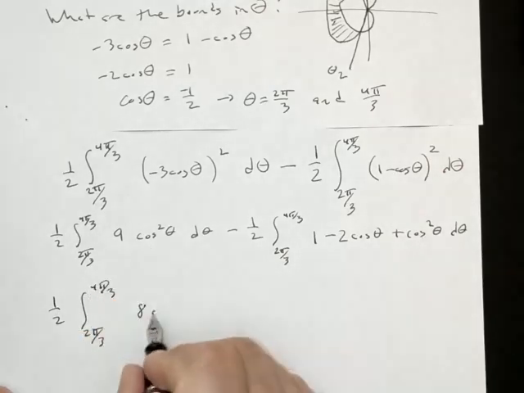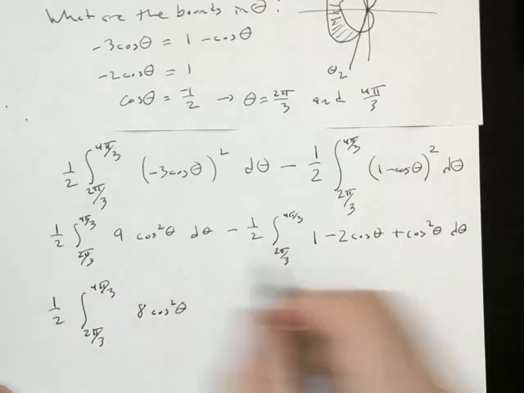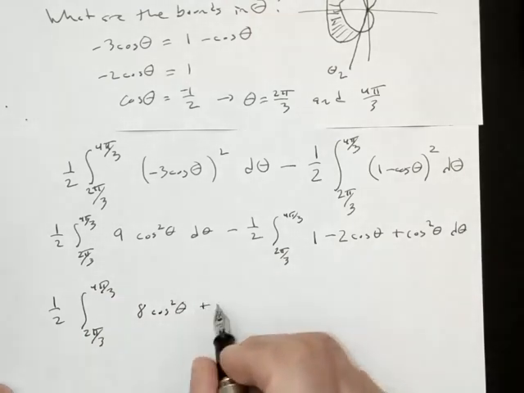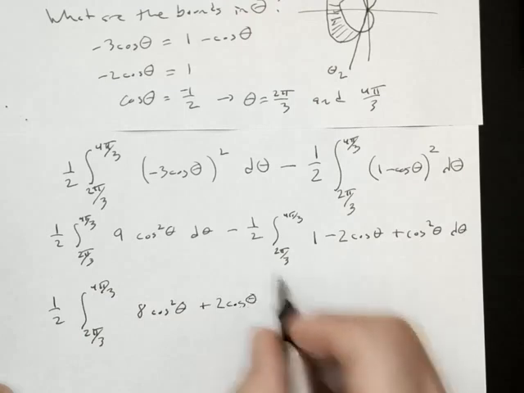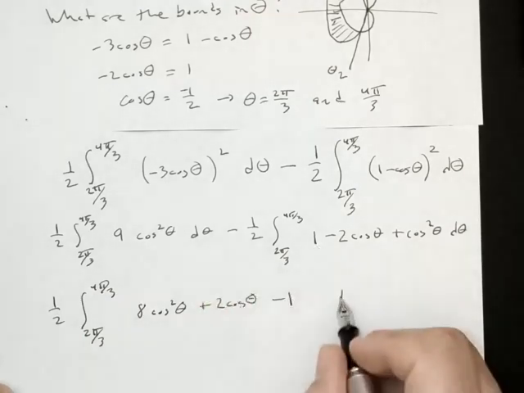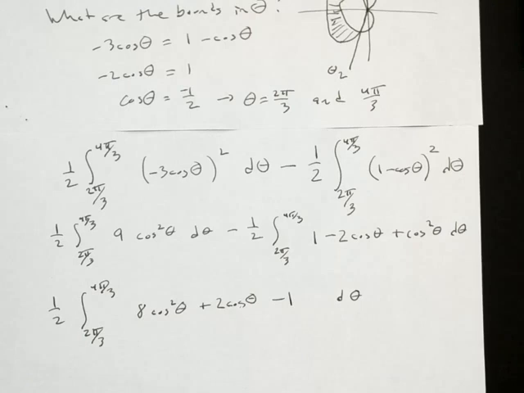I have 8 cosine squared minus a minus becomes plus 2 cosine theta minus 1. Since I took the 1/2 out front, if you would like to put the 1/2 in, that's fine. I'm not going to care.